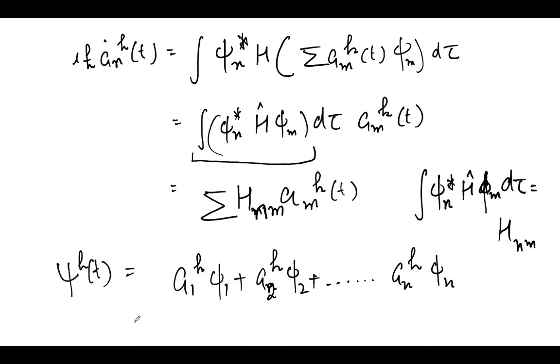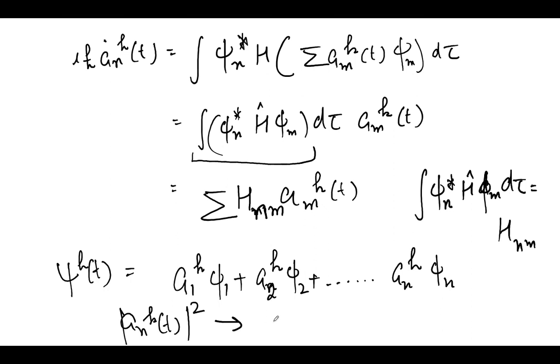Therefore this a n k of t squared represents the probability that a measurement at time t finds the kth system of the ensemble to be in the particular state phi n.